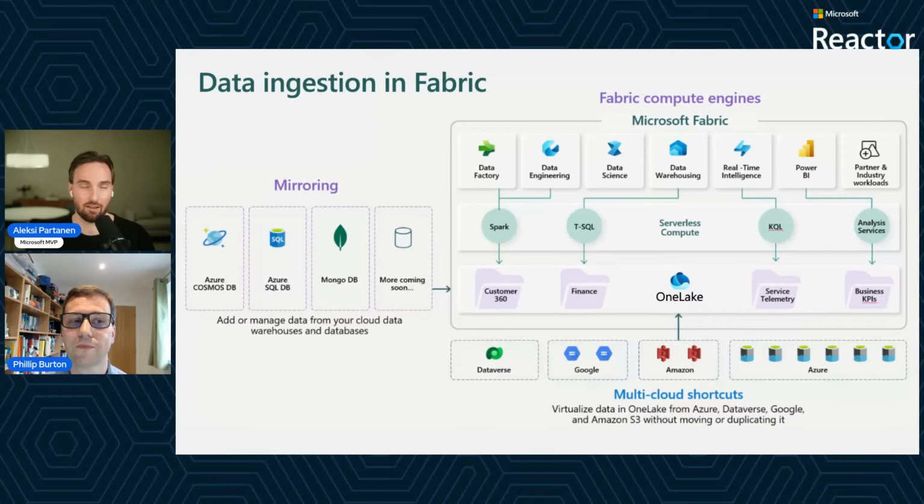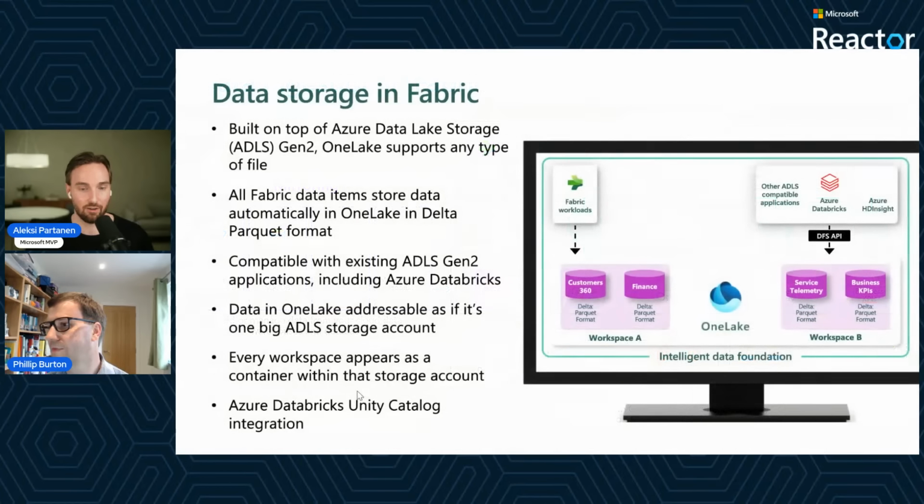For example, if you have data sitting in an AWS S3 bucket or in Azure Data Lake somewhere, you don't have to physically copy data to Fabric's OneLake. You can just create a shortcut to that data and then show it via OneLake. And also, we are going to dive a bit more into what is OneLake in the next slide, but it's basically this unified data store that sits underneath the Fabric.